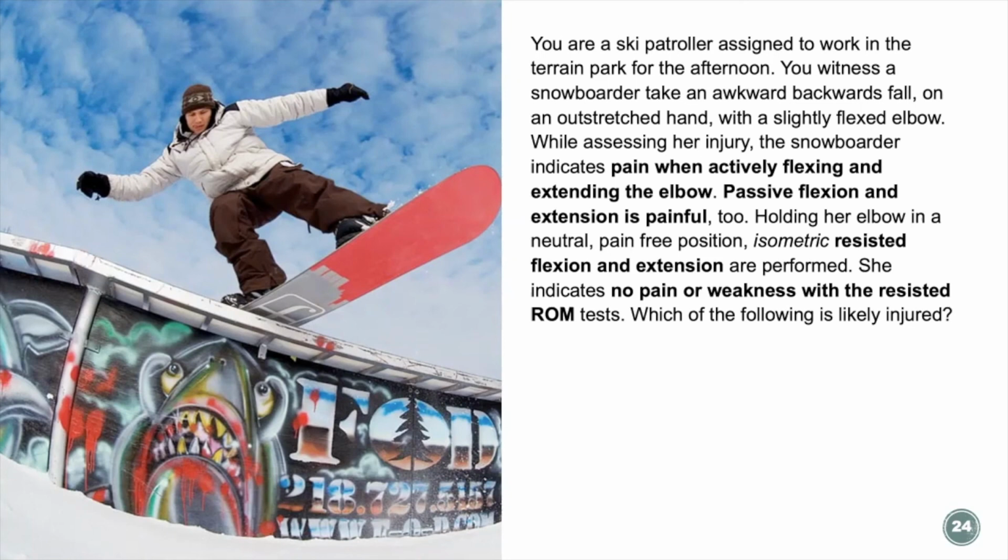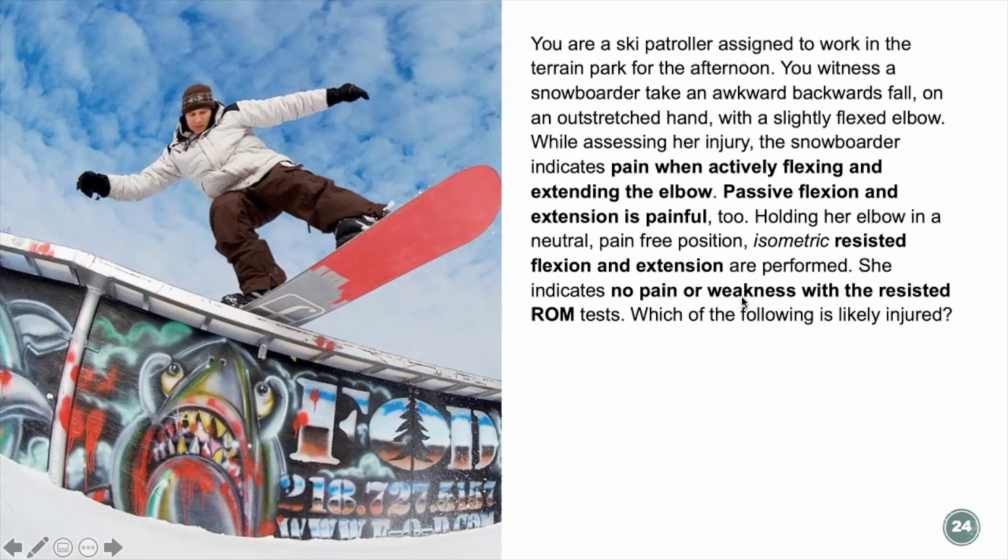For example, we have now bolded right here the important things that we need to take into consideration, and the other things are just added information that we can throw out of the question. Right? So we do know that there is pain when actively flexing and extending the elbow. Passive flexion and extension is painful, and resisted range of motion for flexion and extension have no pain or weakness.